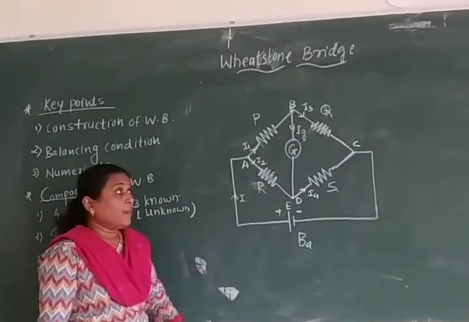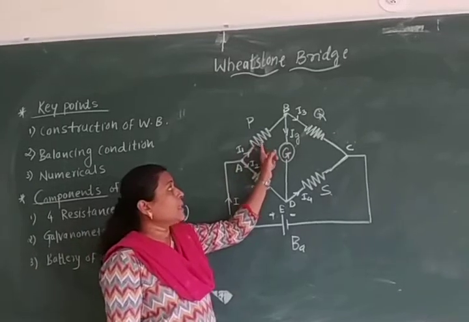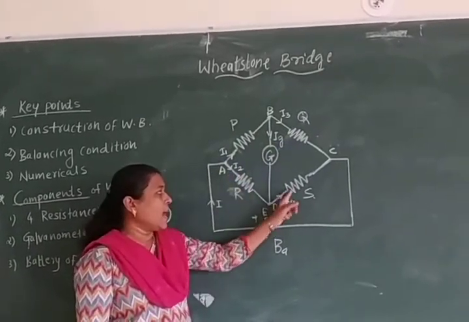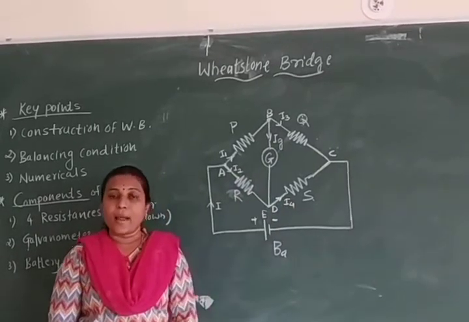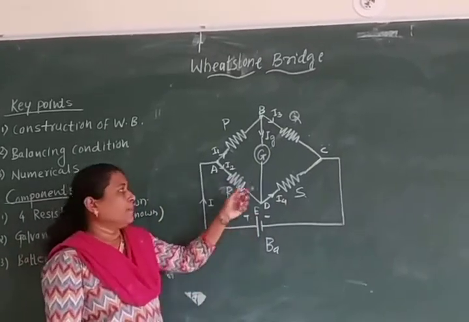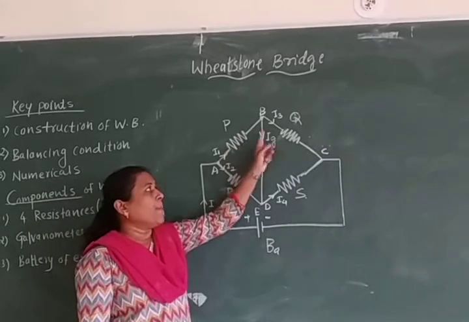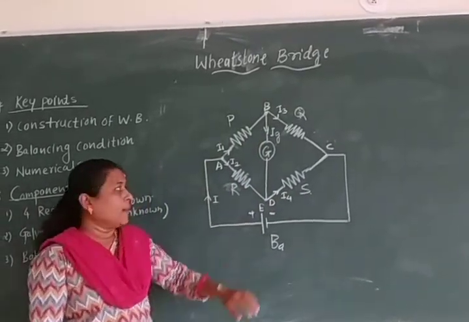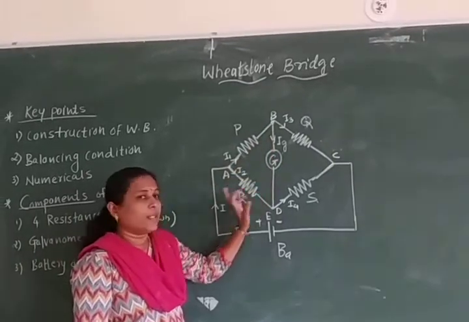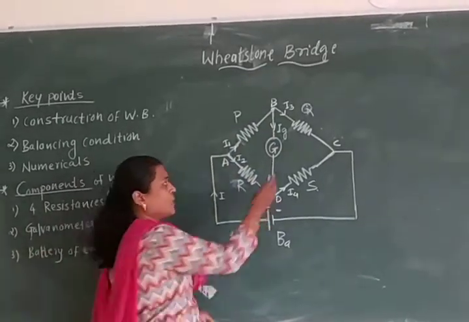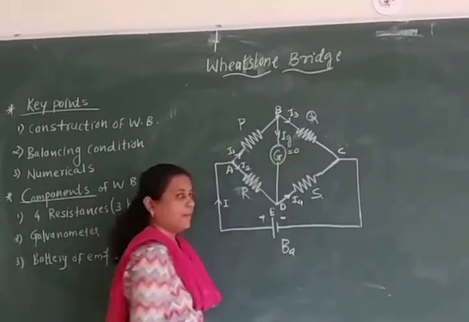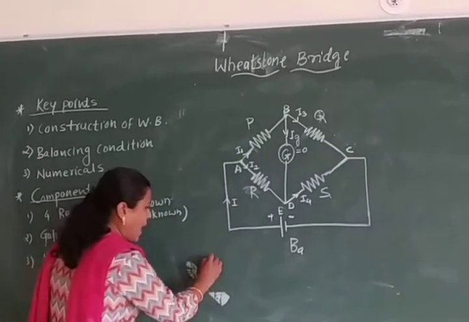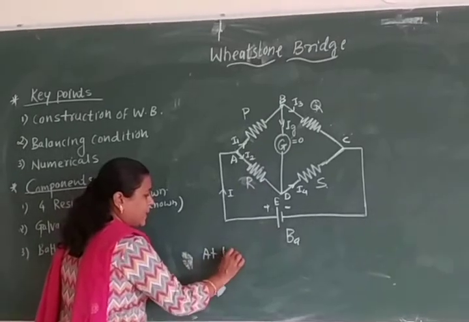But when the resistances in one arm, P and Q, and the resistances in the other arm, R and S, are balanced, that is, when the ratio of P by Q and the ratio of R by S become equal, at that time the current flowing through the galvanometer is equal to 0. Ig will be 0. This is the balancing condition.